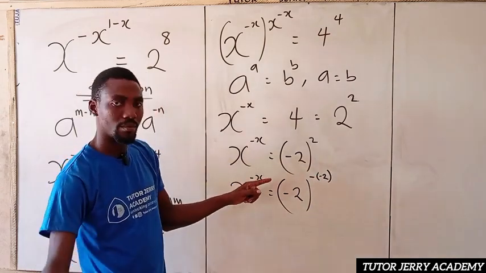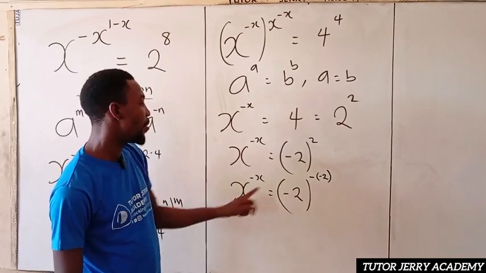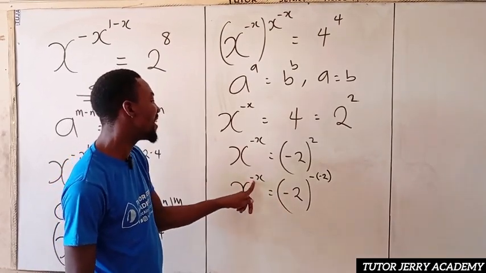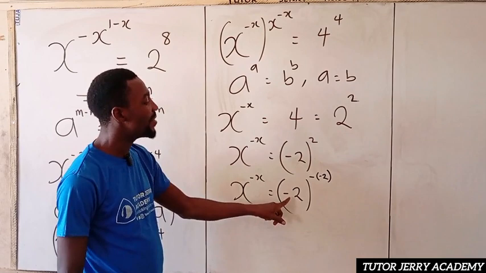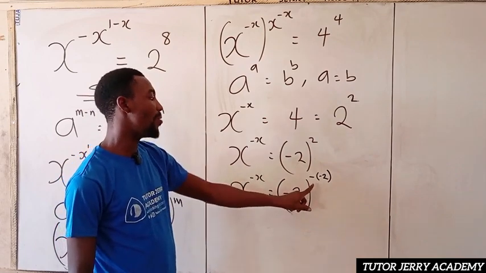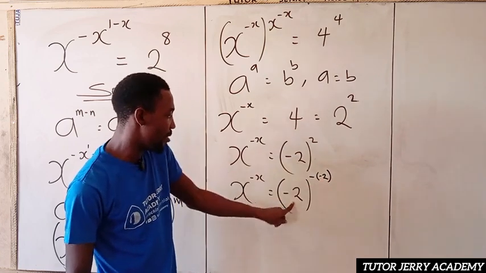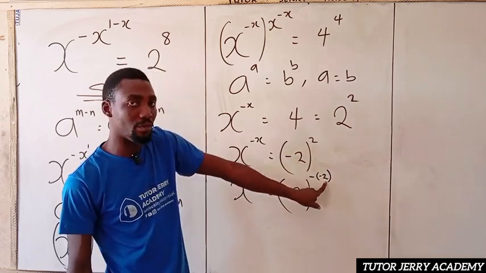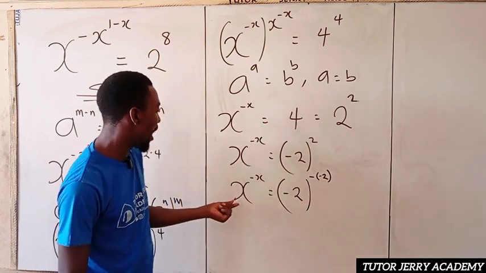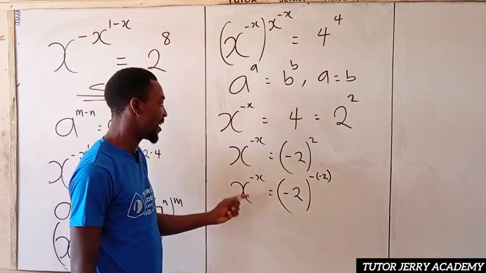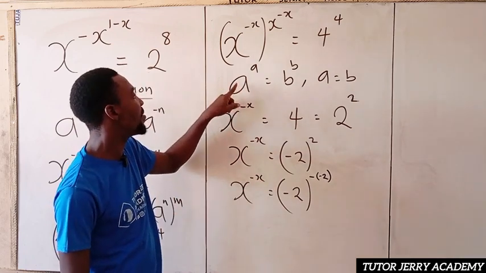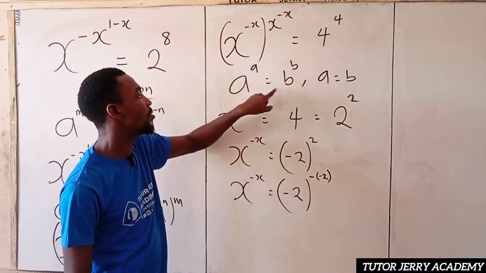Now, look at this. Here we have x to the power of negative x. Here we have negative 2 to the power of negative 2. They have the same number, that is negative 2, negative 2, right? And here we have x, here we have x. Is that clear? And this formula is telling us that we have a to the power of a equal to b to the power of b.